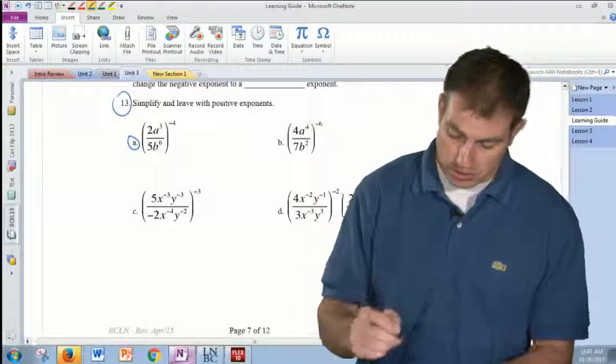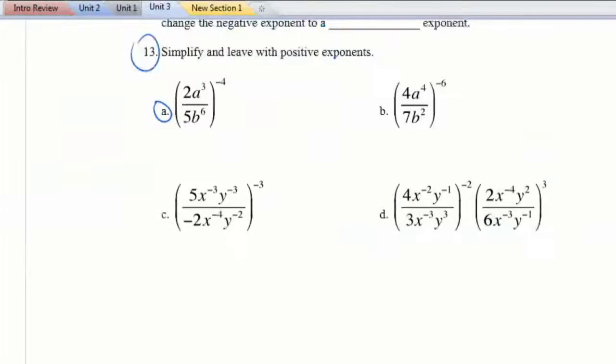So what I'm going to do is I'm just going to focus on everything inside the brackets. And I had this -3 exponent here, and I want to get rid of it because I don't like negative exponents. So I'm going to flip everything inside. I'm going to make my exponent positive. So what I'm doing is just rewriting everything flipped.